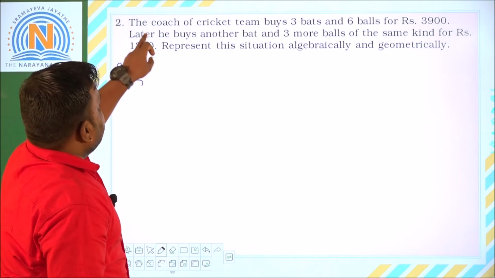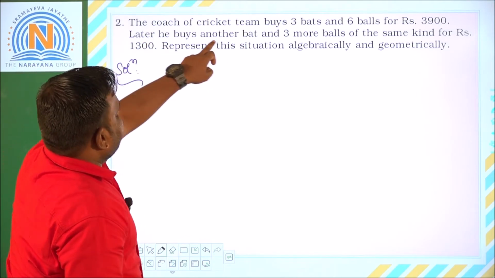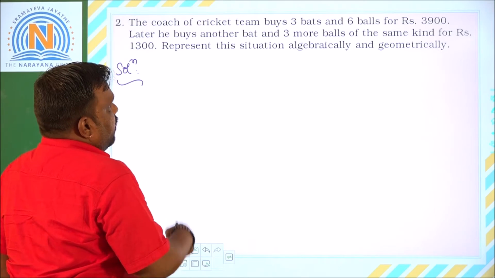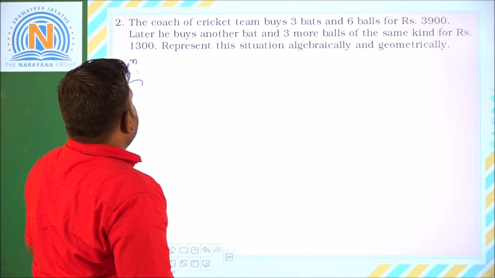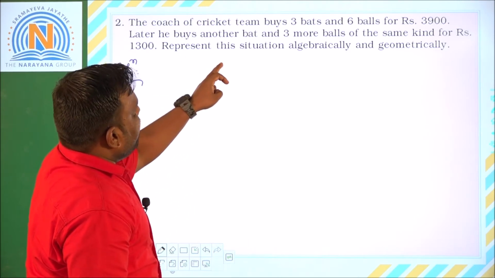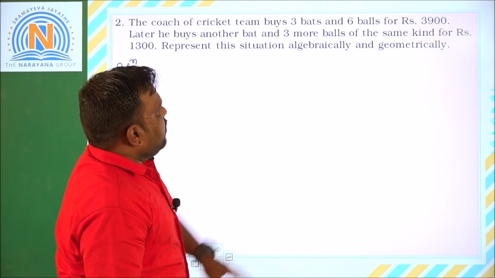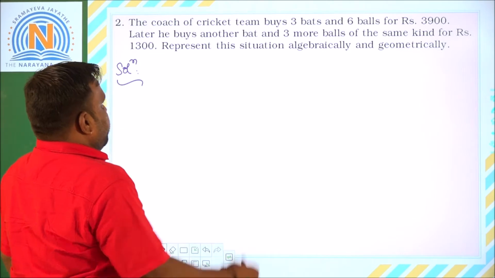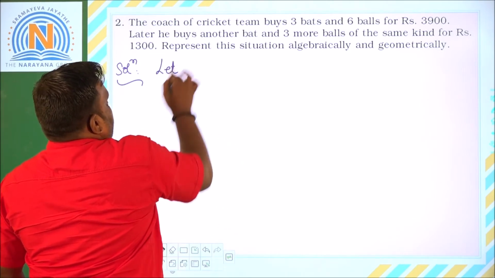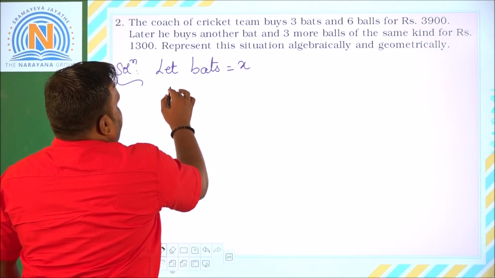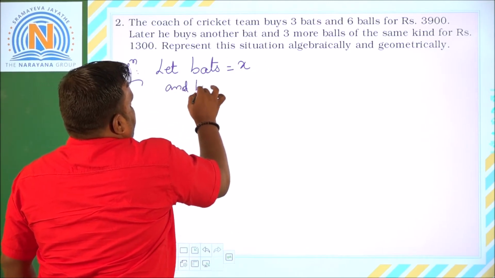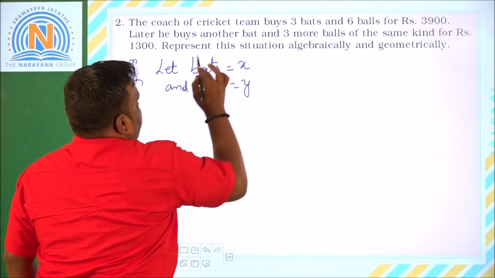Here, the coach of the cricket team buys 3 bats and 6 balls for rupees 3,900. Later he buys another bat and 3 more balls of the same kind for rupees 1,300. So let the number of bats be x and the number of balls be y.